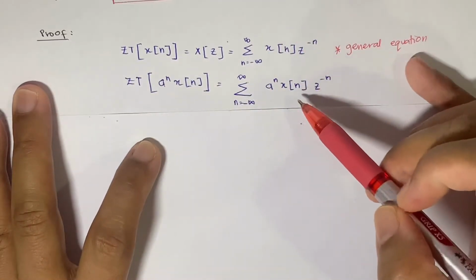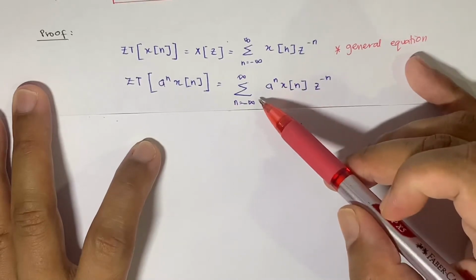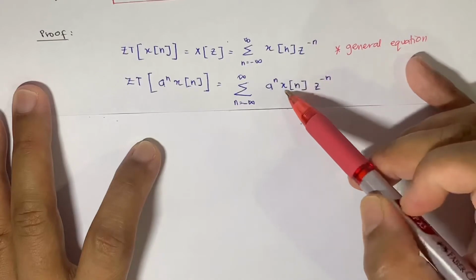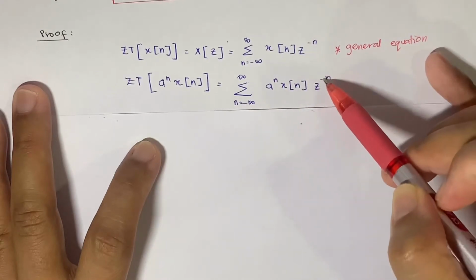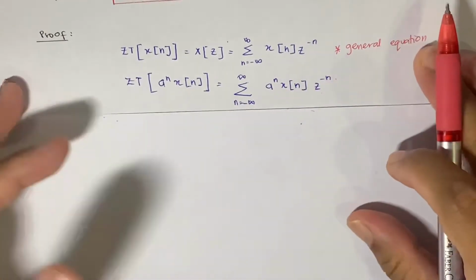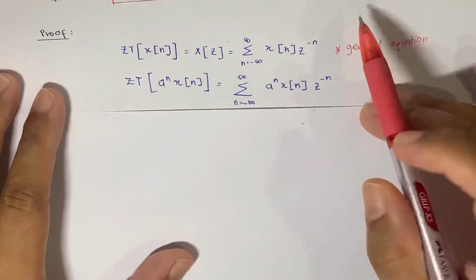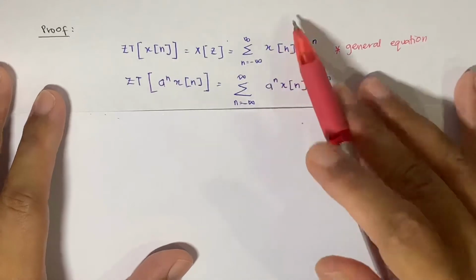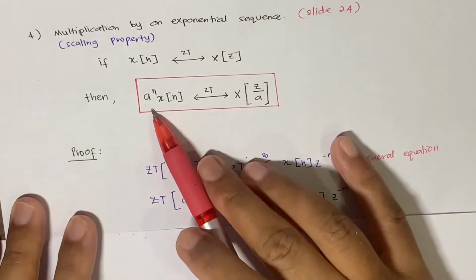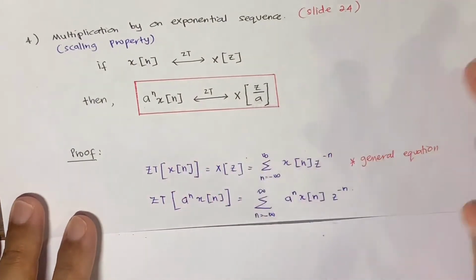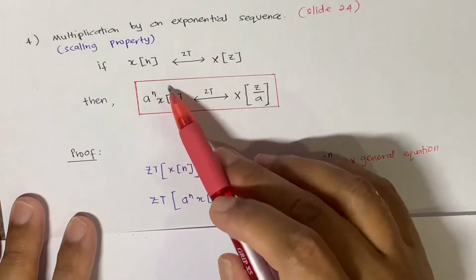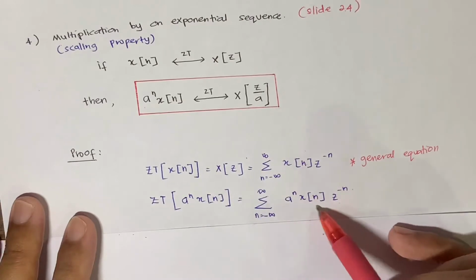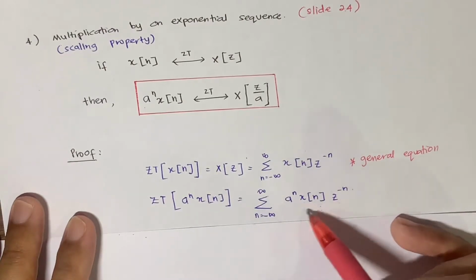Okay, you will get like this: sum of a^n x[n] z^-n. You just need to substitute for x[n], but in our case it is a to the power of n x[n]. You need to perform Z transform of this signal. So you just replace it into this equation.